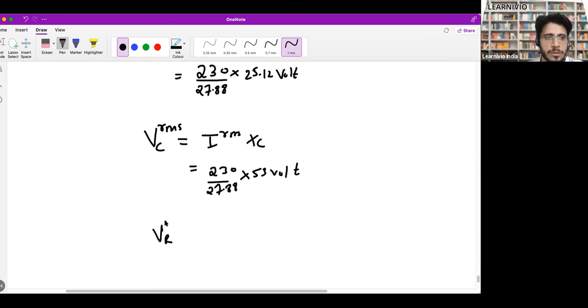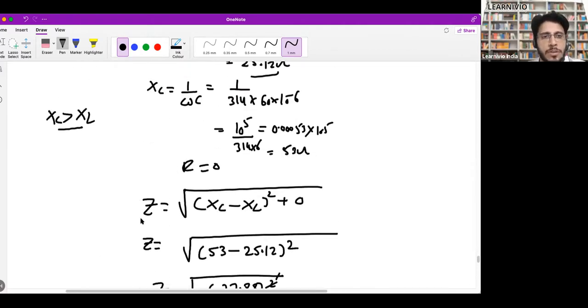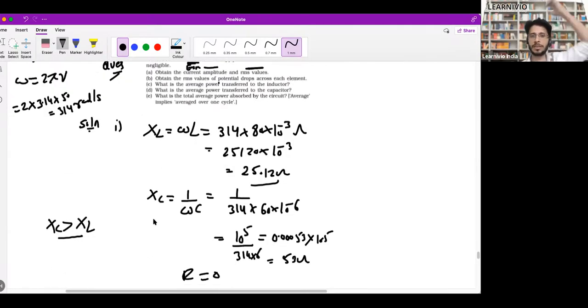VRMS across the resistor is IRMS into R, that comes out to be 0 since R is 0. No resistance. Second part is over. Second part is clear, Amalia? Noor? Shahzada? Shahzada, are you getting it now? Yes, sir, I'm getting it.